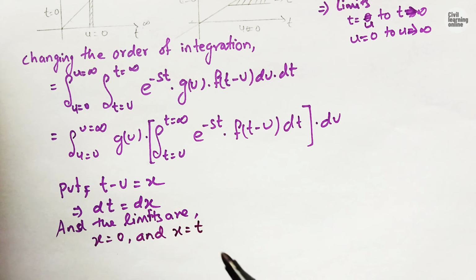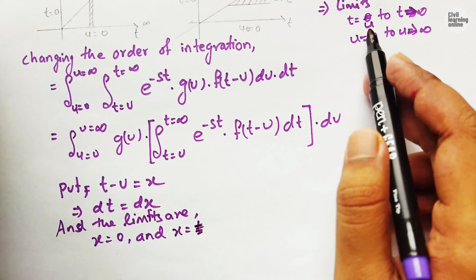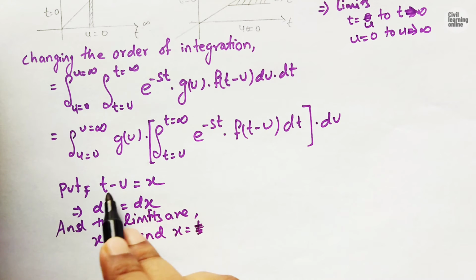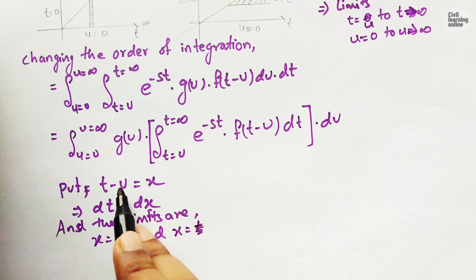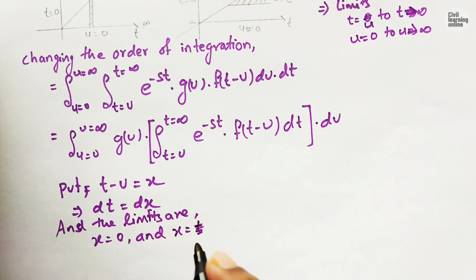And again we put t equals to infinity, so infinity minus something will again be infinity, so we have x tends to infinity.